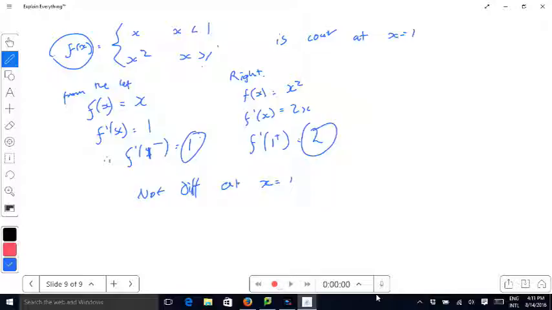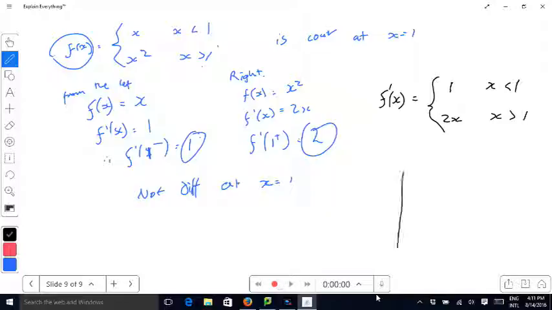Looking at the top bit, it is continuous for all values less than 1, and its derivative is just 1. So my derivative is a hybrid function: 1 for x less than 1, and 2x for x greater than 1.